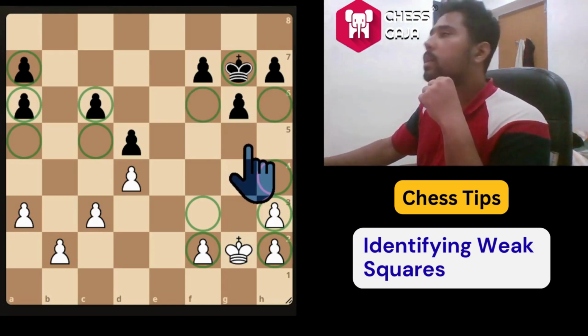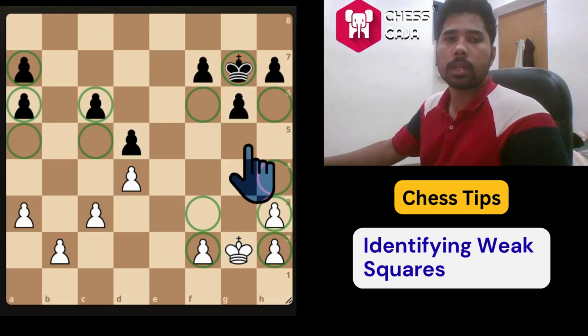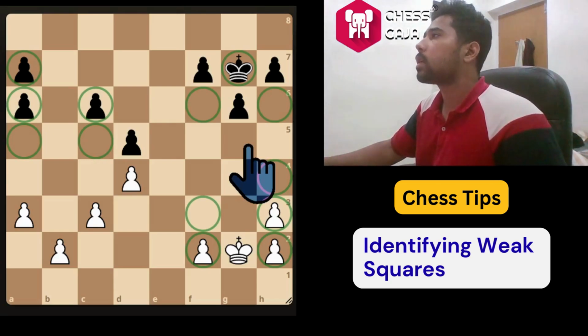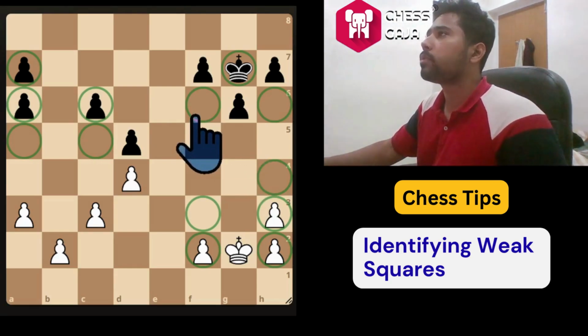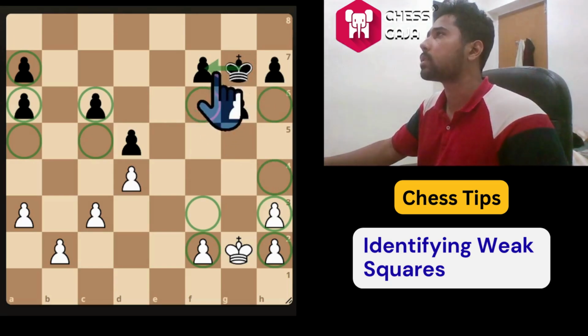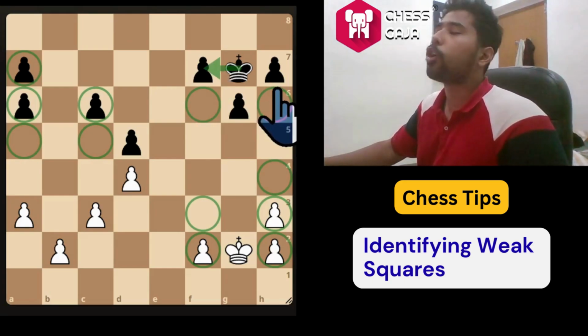It might be a little bit confusing for our beginner players, but these squares are weak because in future, if this king leaves the g7 square and tries to go somewhere else, then this can become a potential weakness and can be occupied by white's pieces.